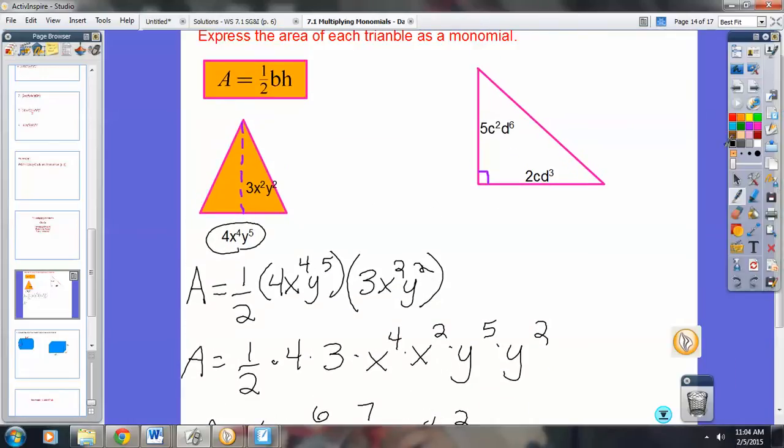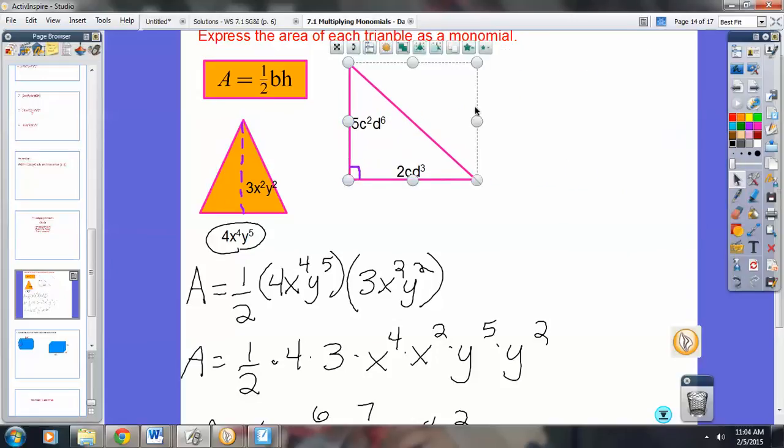Let's look at the second triangle. Again, it looks a little bit different, but do we know the length of our base and the length of our height? We do.